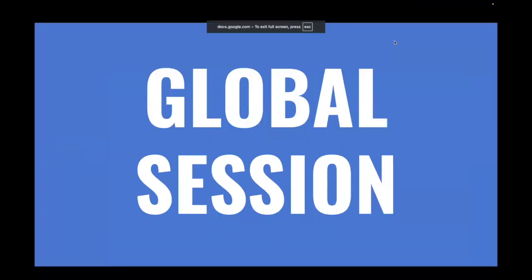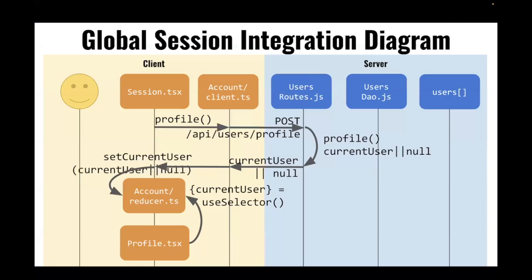Now when we sign up or sign in, in both cases, presumably we have identified ourselves. We know who you are, either because you signed up before or you just signed up and now you're identifying yourself. In any case, we want to have that information available throughout the application.